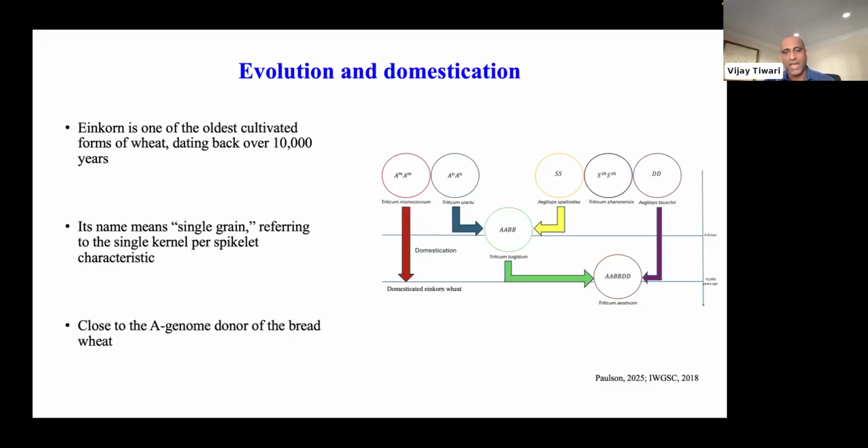But because it was not heavily used for breeding, most of the traits, or genes, were still sustained in these species. The term monococcum comes from coccum: mono is one, and coccum is grain. That means each spikelet contains one grain, and it is close to the A genome donor of wheat.